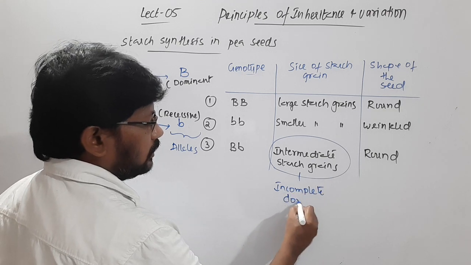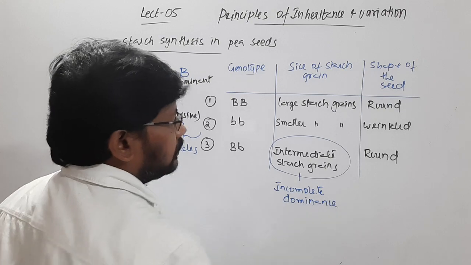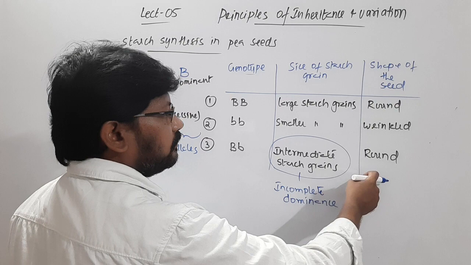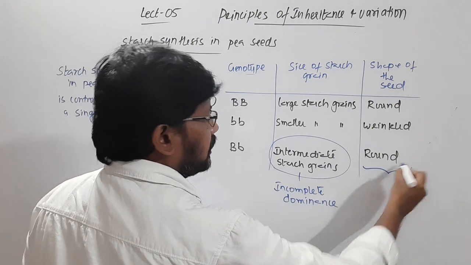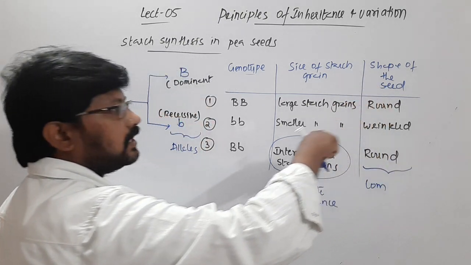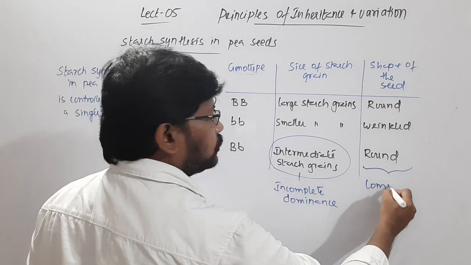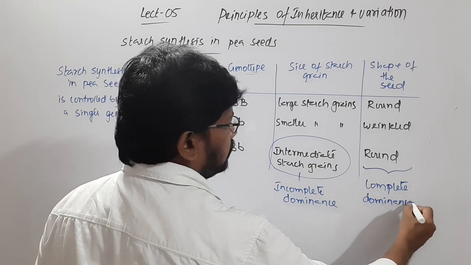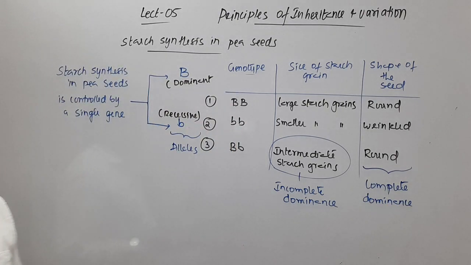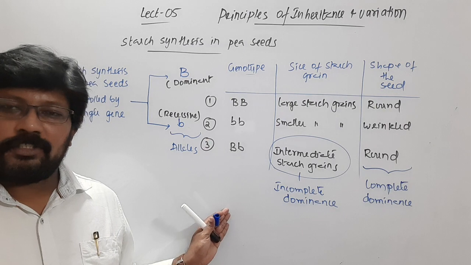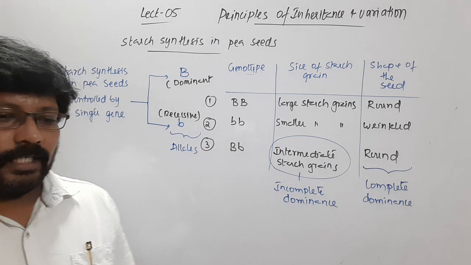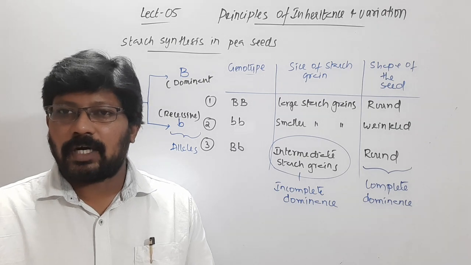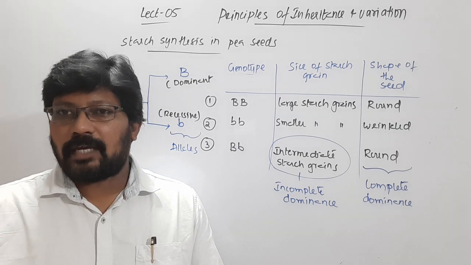But when we consider the shape of the seed, it is showing complete dominance. So in this situation we can see that a gene product is producing more than one phenotypic effect.